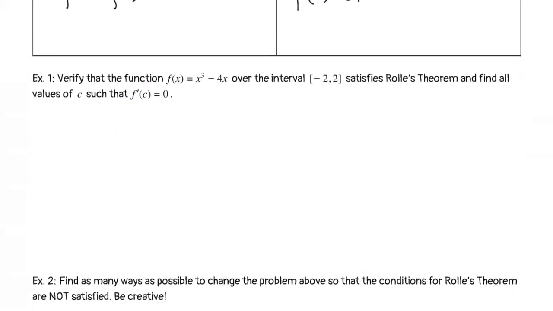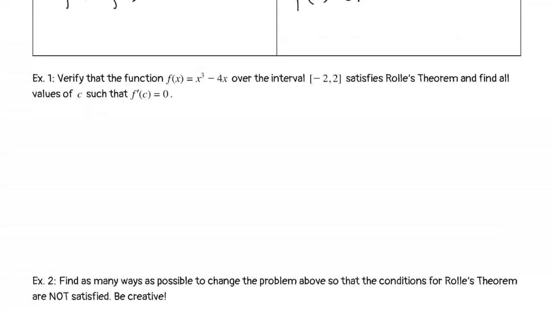All right, so example 1: verify that the function f of x equals x cubed minus 4x over the interval -2 to 2 satisfies Rolle's theorem, and find all values of c such that f prime of c equals 0.